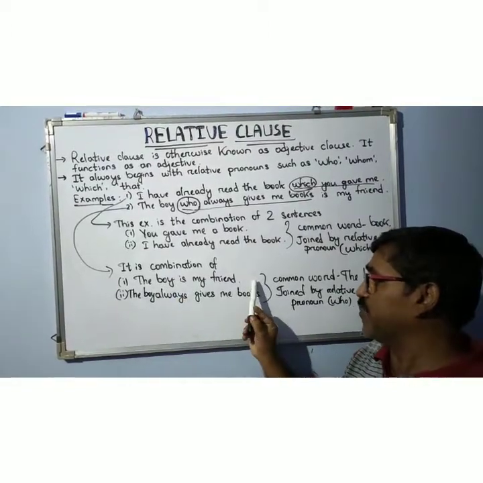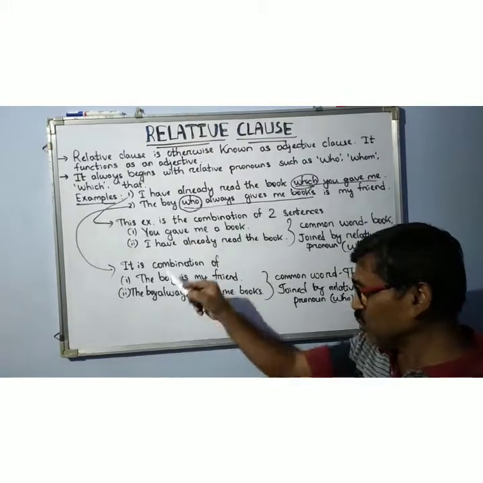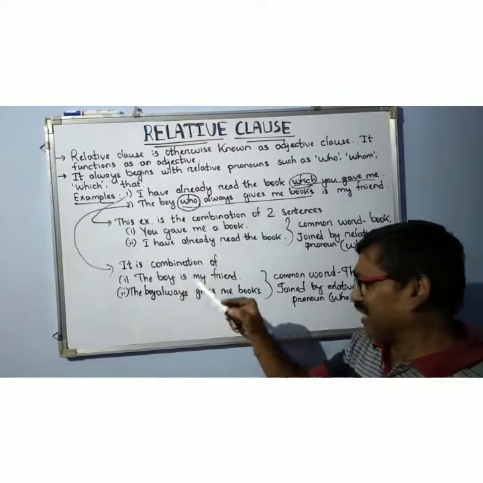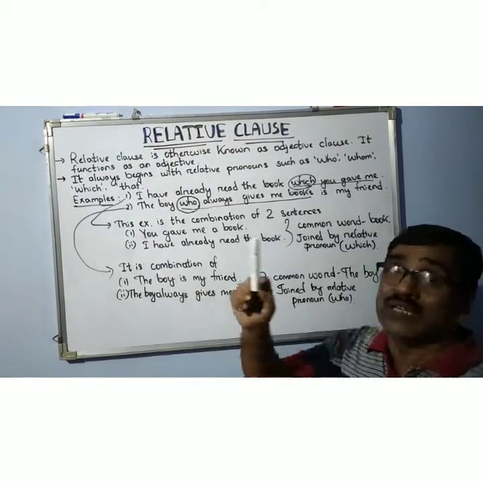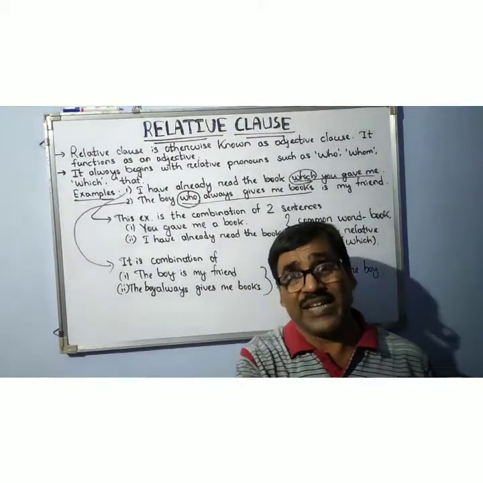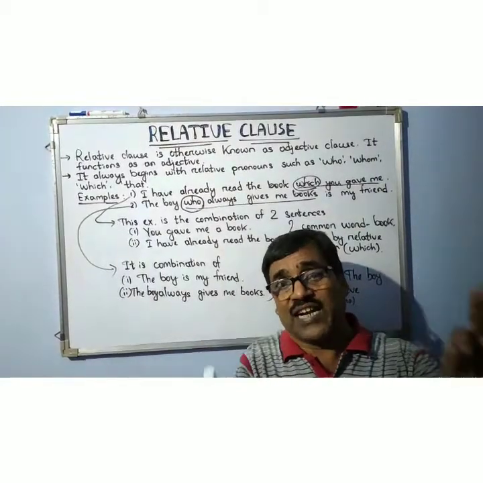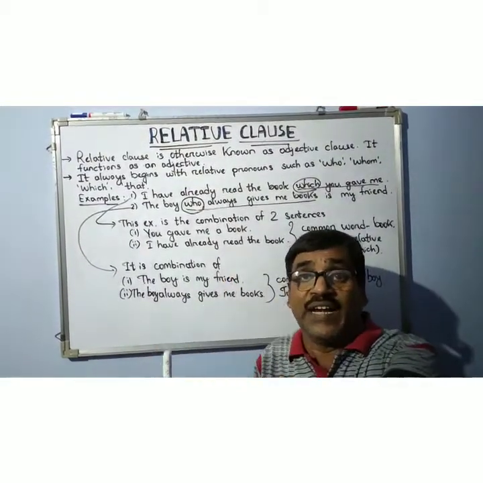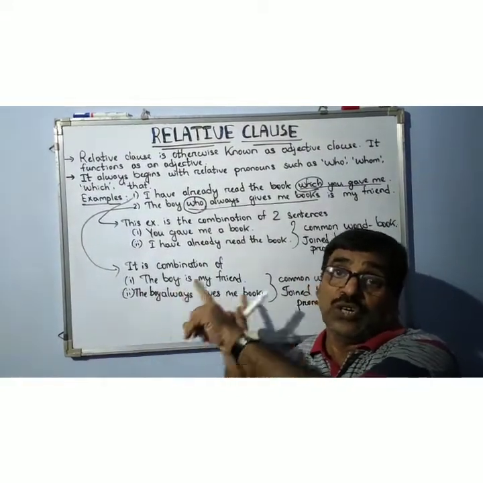These two sentences have been combined by the relative pronoun who. So now you are clear about the relative clause. Relative clause always starts with the WH word and it begins with the relative pronoun who, whom, which or that.